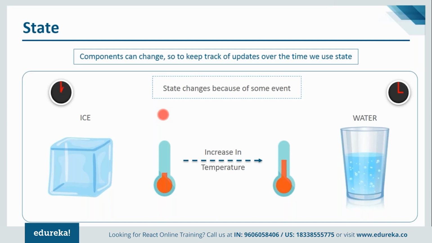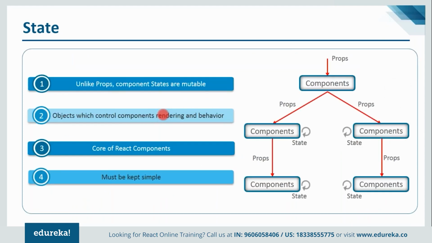So state is thus a very important aspect of components. And the important aspect with components is that since they can change, it will keep track of all the updates that are made. So in memory, it would store all the previous states, and whatever future states there are will also be stored in memory. Speaking of more details about state, I already told you that component states are mutable. That means the data can be updated and changed.